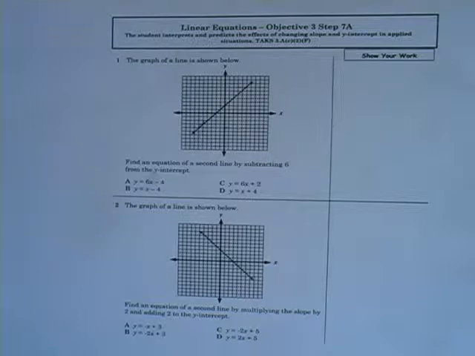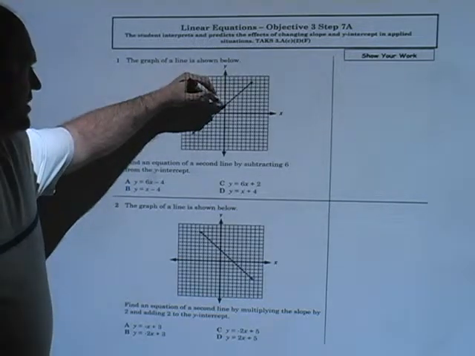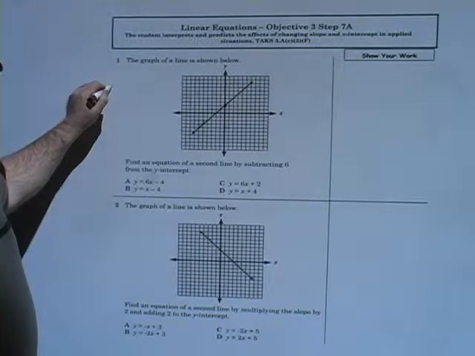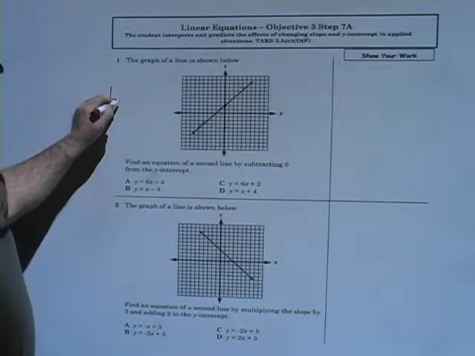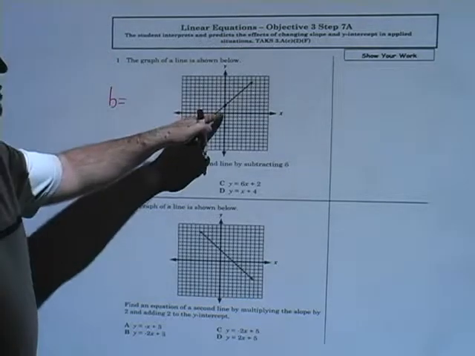Okay, the graph of a line is shown below. Find an equation of a second line by subtracting 6 from the y-intercept. Okay. Here's your y-intercept. We call it B. B equals 2.